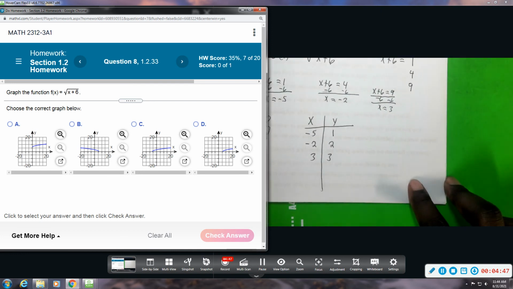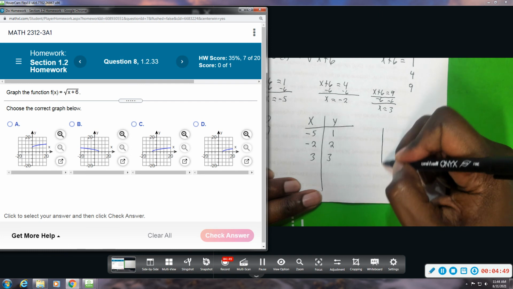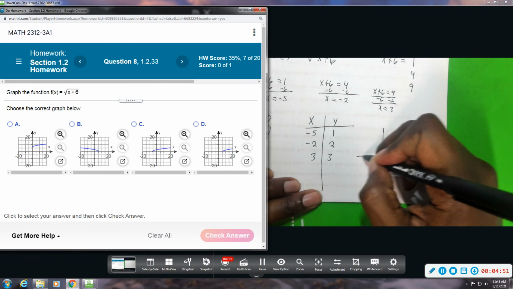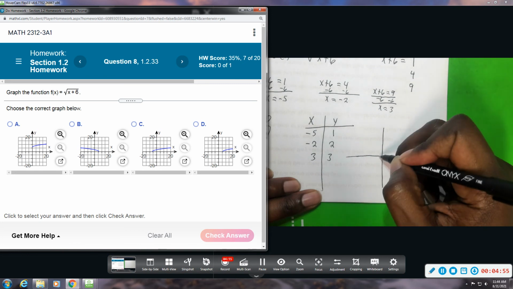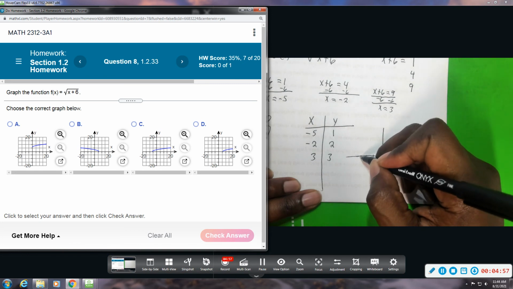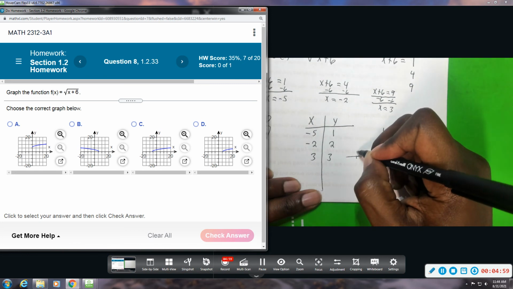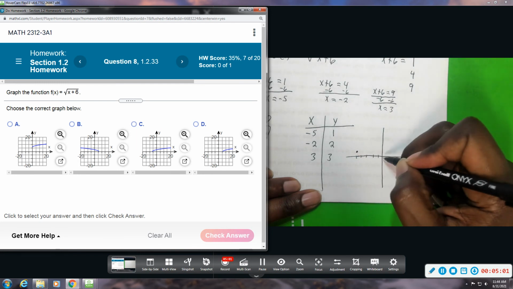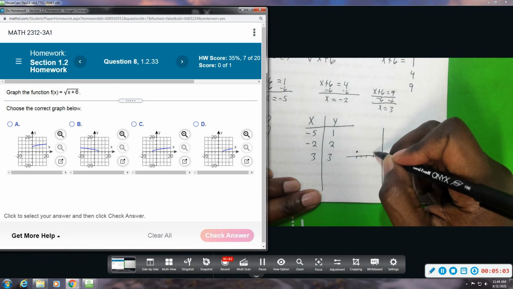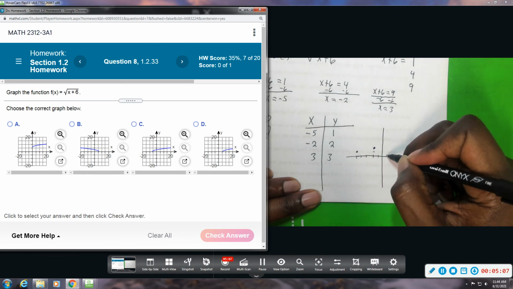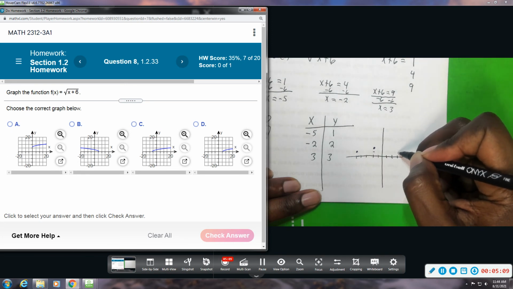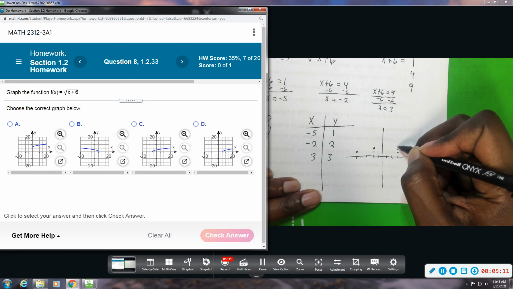I'm just going to draw a rough sketch of a graph here, and we'll see which way this graph is trending. So negative 5, 1, 2, 3, 4, 5, up 1. And then negative 2, 1, 2, up 2, 1, 2. And then 3, 3. So 1, 2, 3, up 1, 2, 3.